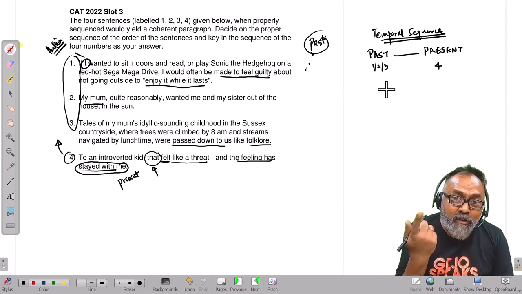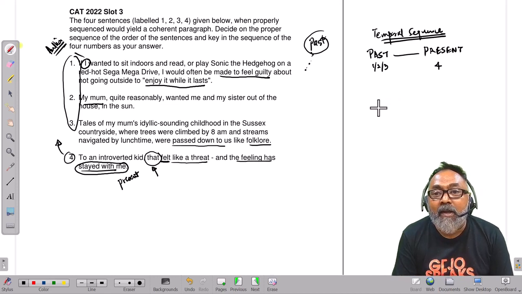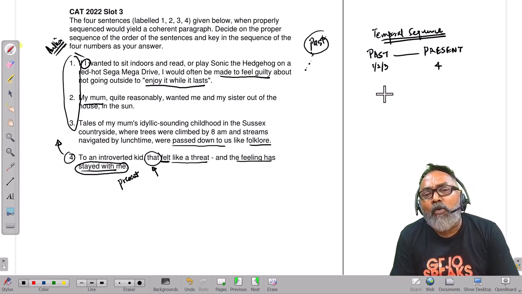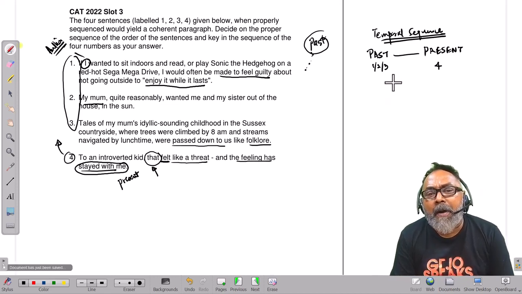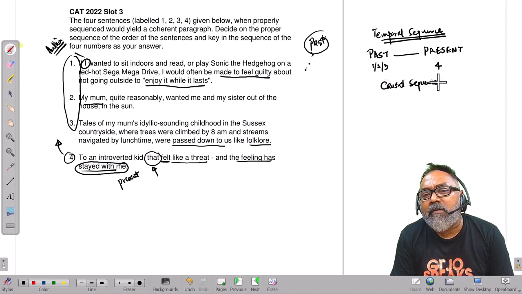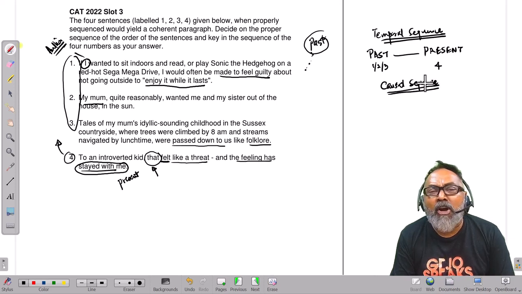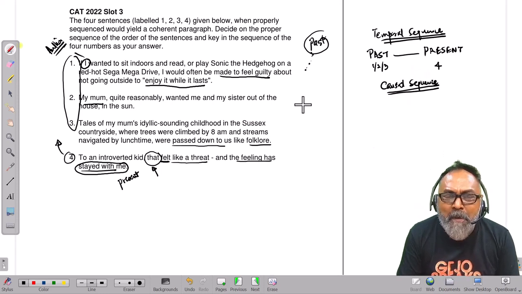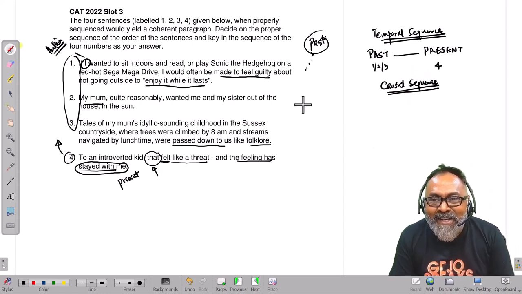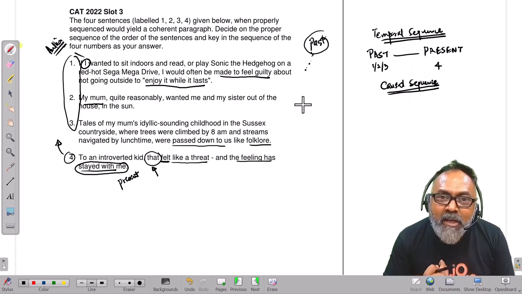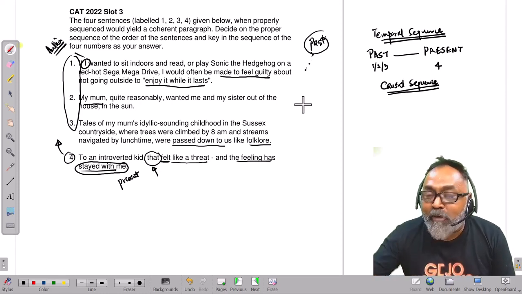The second sequence that I can actually see is a causal sequence, which is like a cause and an effect. My mom made me do something, and the effect of that for me is that I felt something.